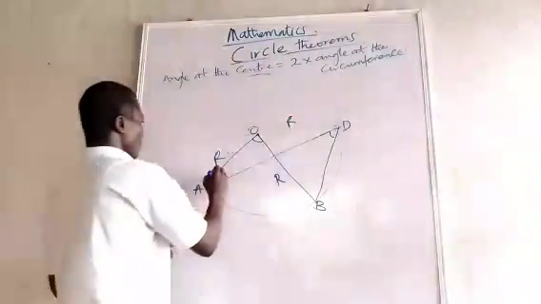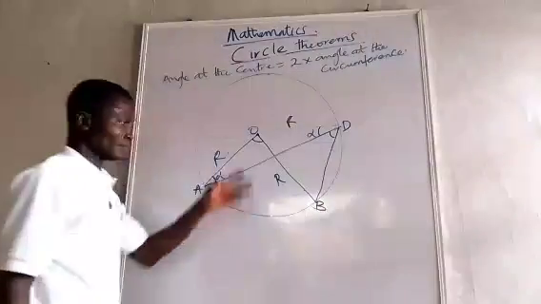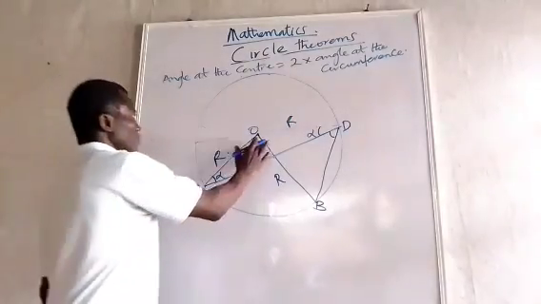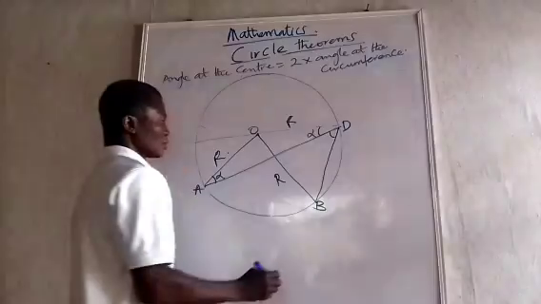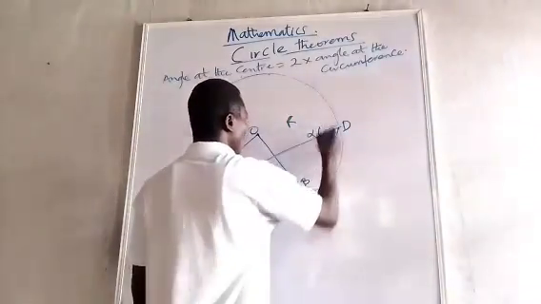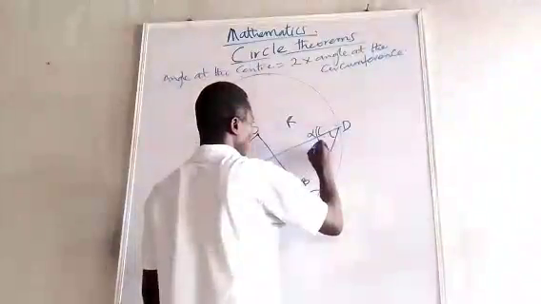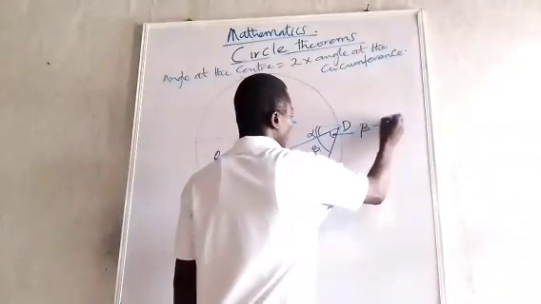Let this place be alpha. This place will be alpha. This place is alpha, this place is alpha. So invariably, this place will be beta, and this place here will be beta. But this is the angle we are talking about: beta minus alpha.